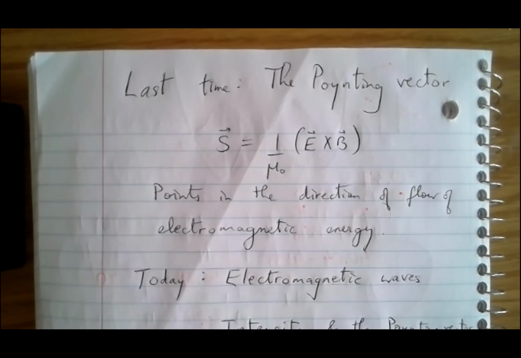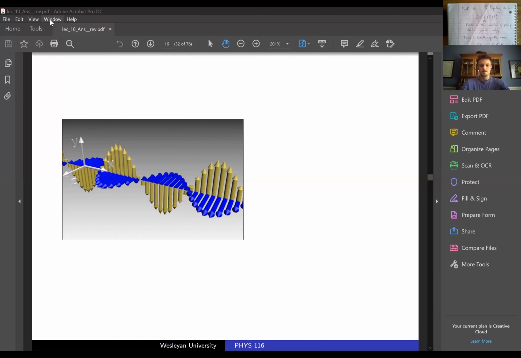So let me share my screen. All right. An electromagnetic wave, if we just look at one series of points, we'll see that we get a series of electric and magnetic fields, which for the simple case we can look at, are varying sinusoidally.